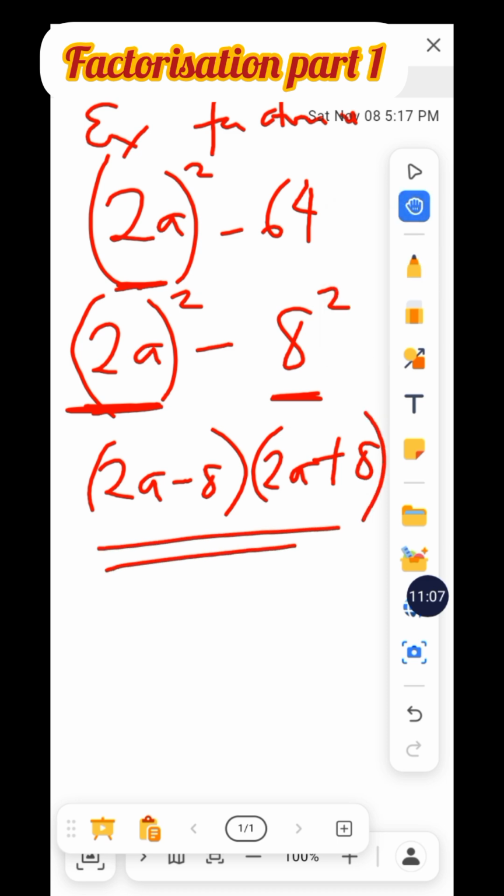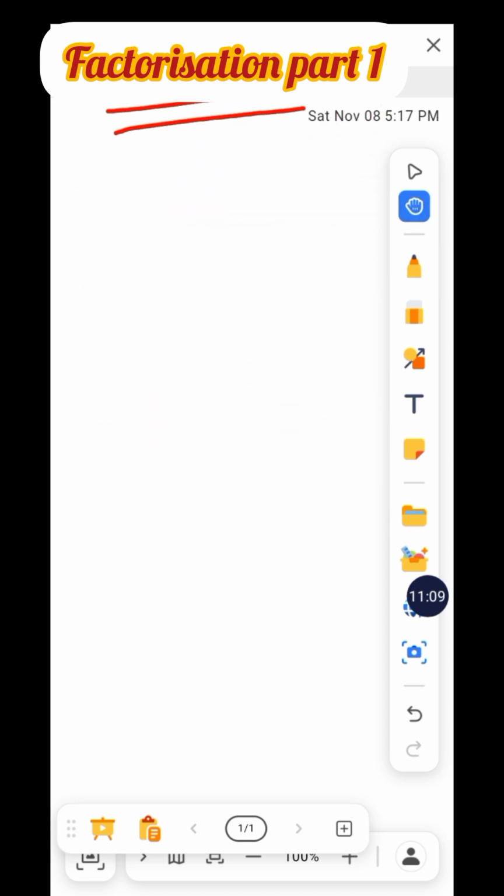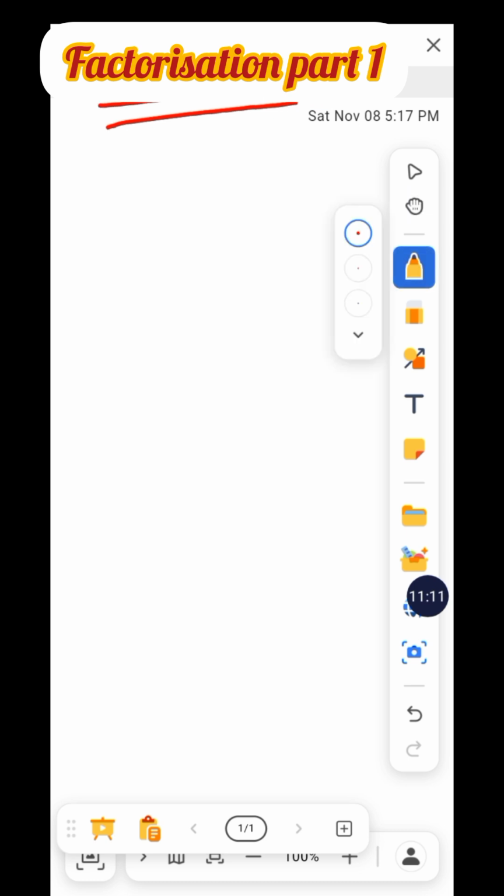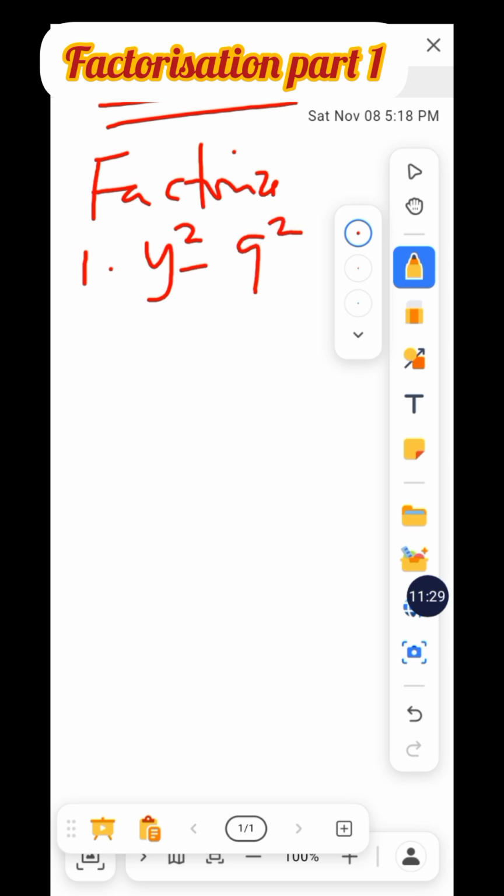So under this difference of two squares, I want you to factorize these. Number 1, y squared minus 9 squared.